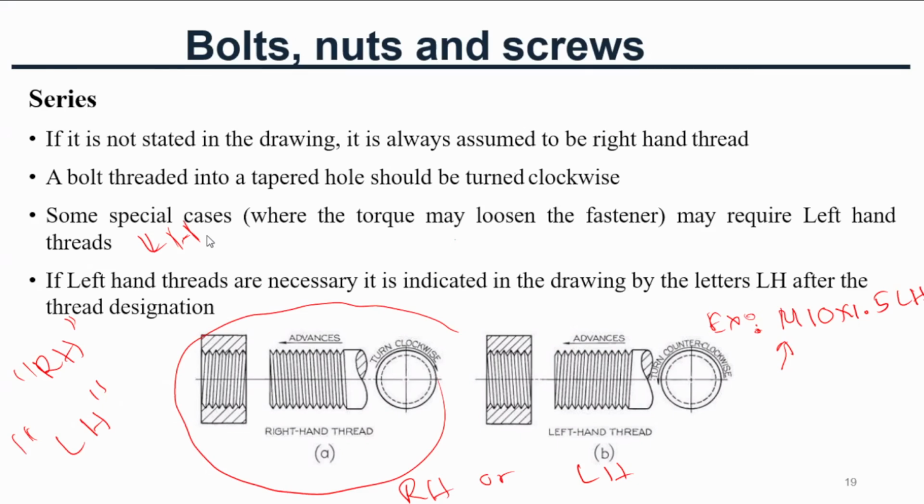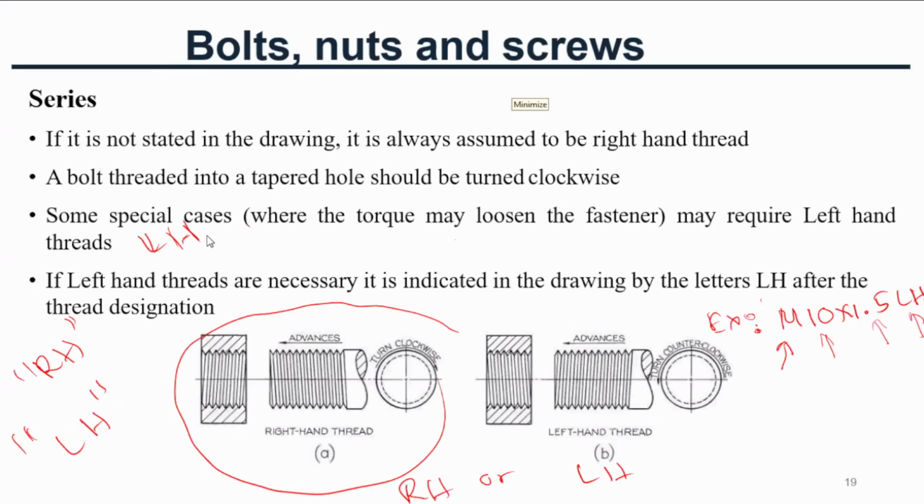What does M mean? 10 multiplied by 1.5, LH. 10 means diameter.